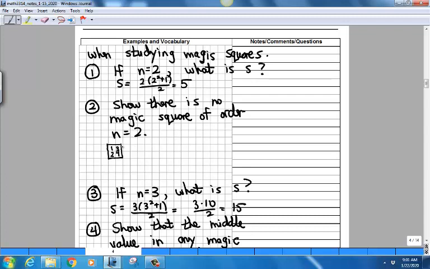Another possibility would be 1 and 4 and the 3 here and the 2 here, and still not going to work. And then what's our other option? 1 and 3 on a diagonal won't work, right?